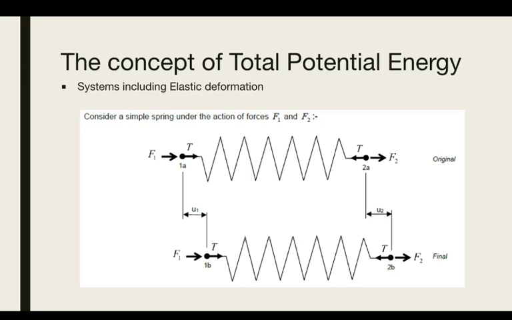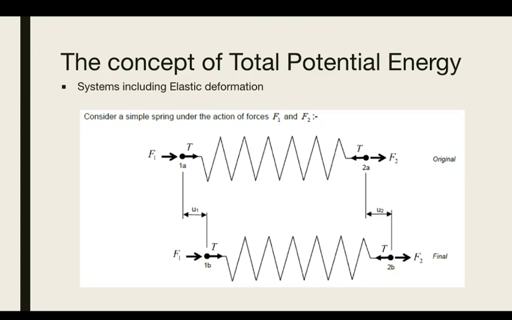Now as you can see, the original forces are F1 and F2, and from point A to point 2A, they have applied the force at point 1A as F1 and at point 2A as F2.